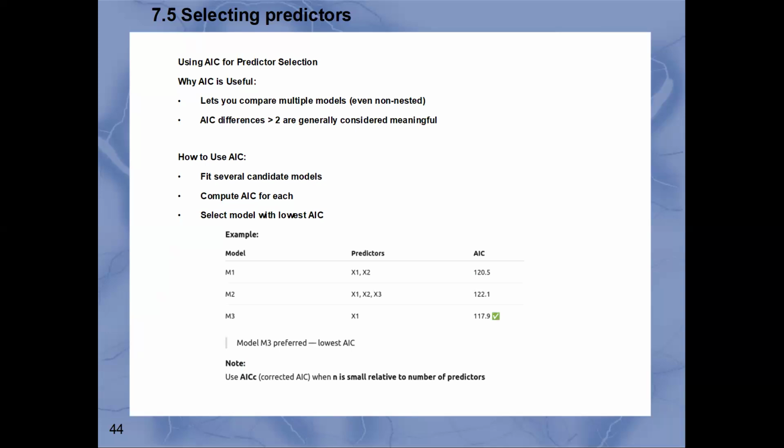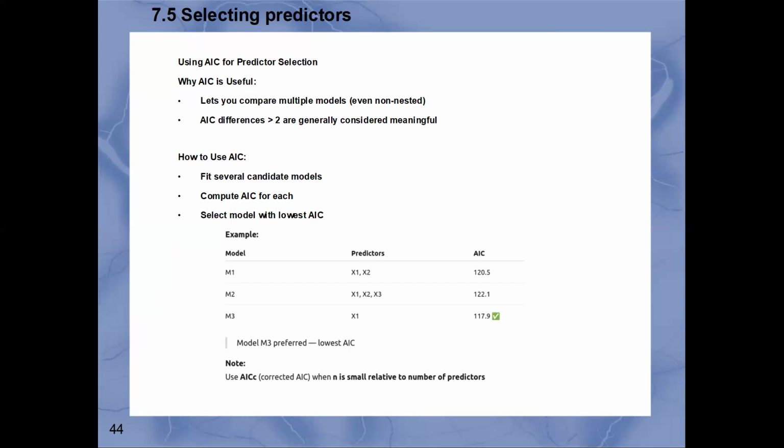For instance, model 1 may have 2 predictors, model 2 might have 3 predictors, and model 3 might have 1 predictor.